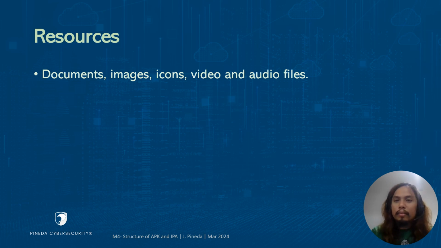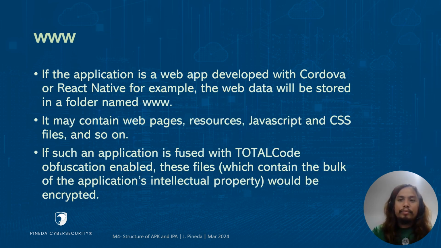Next is the resources, which are your documents, images, icons, video, and audio files. Next is www. It is the application. So if the application is a web app developed in Cordova or React Native, the data will be stored in a folder called www.